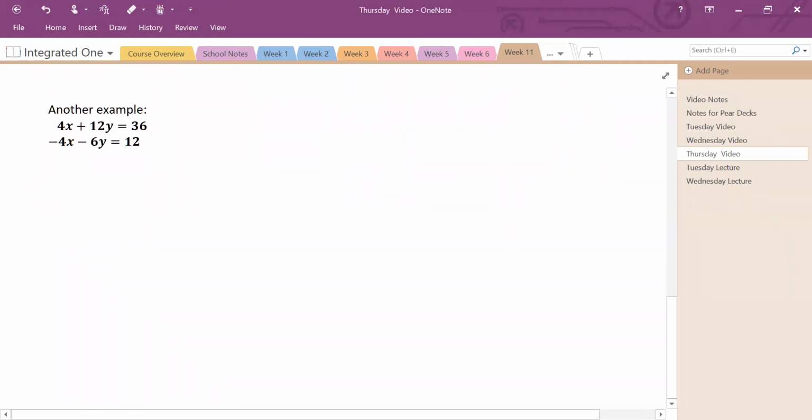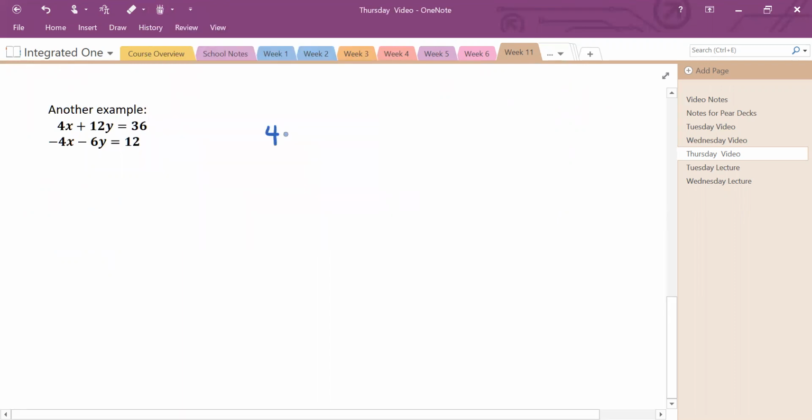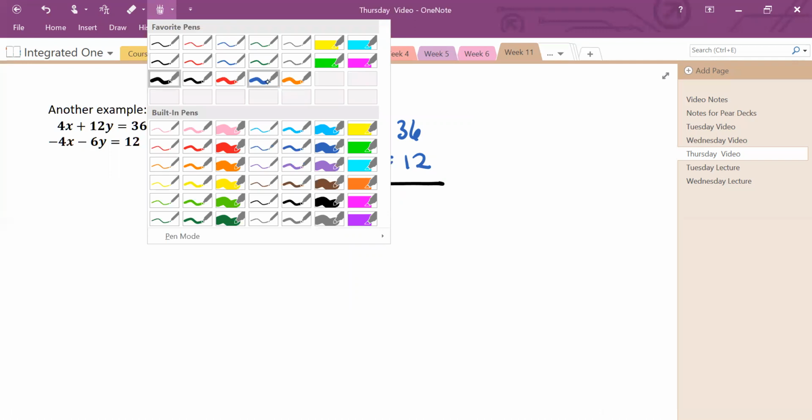Here we go. We're going to use our elimination method. I'm going to rewrite the equation here. And remember, what we're doing, we're solving this system. We want to know where these two lines intersect. I'm going to draw a line underneath the two equations, and then I'm going to add them, but I'm going to add down. 4x minus 4x, well, that's 0.